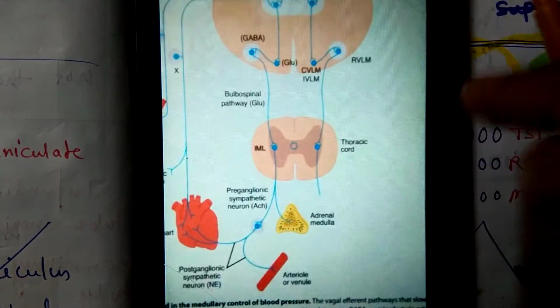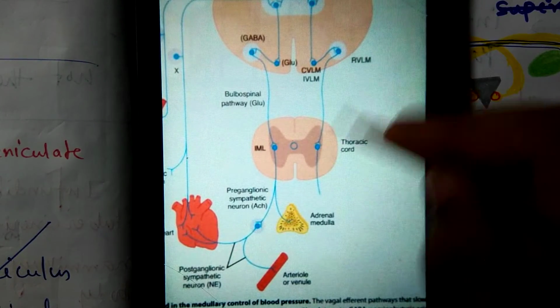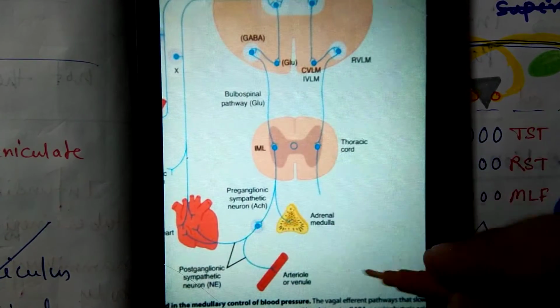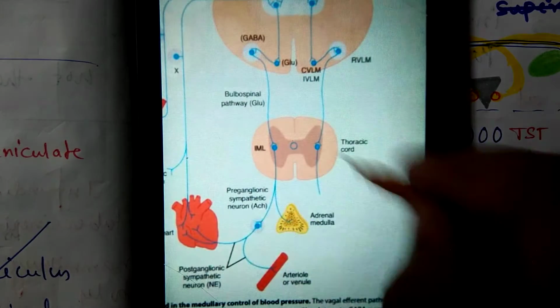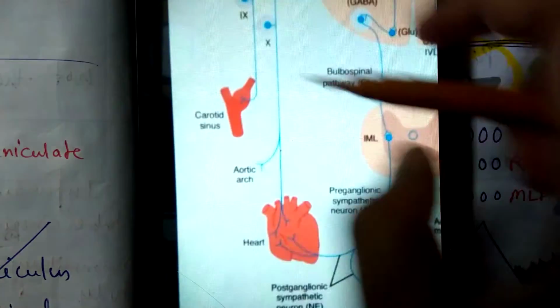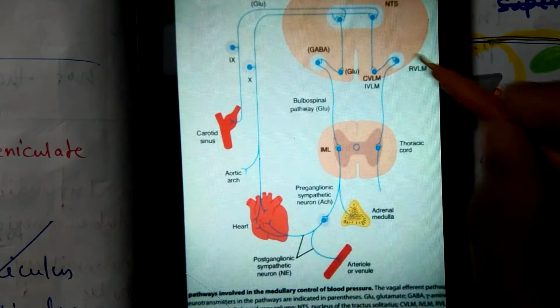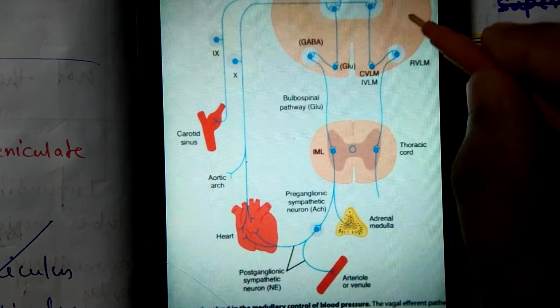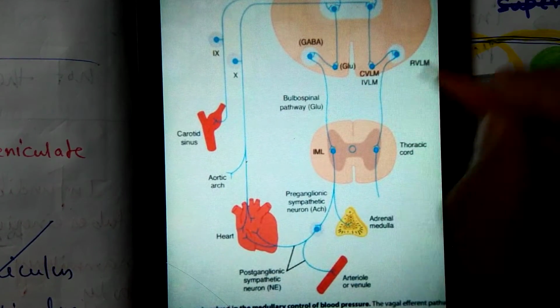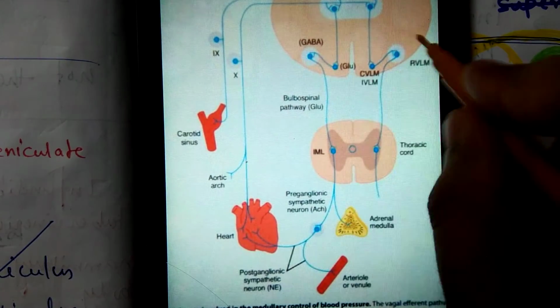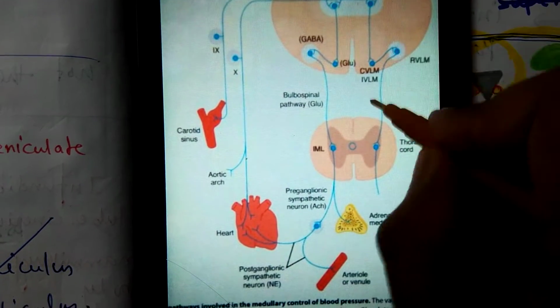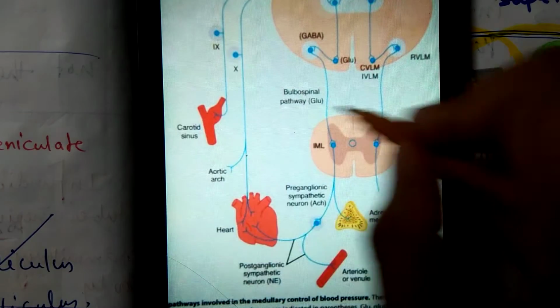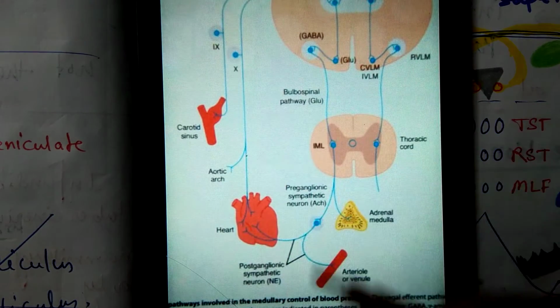Okay, fine. That means RVLM increases the heart rate and increases the blood pressure. And when blood pressure is increased excessively, RVLM is inhibited by our CVLM via GABAergic neurons. Okay, then CVLM inhibits the RVLM, and then this whole thoracolumbar outflow system is inhibited.